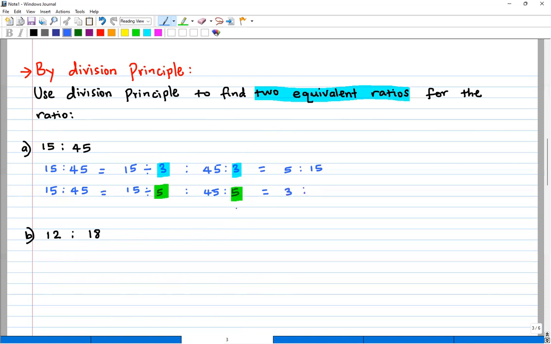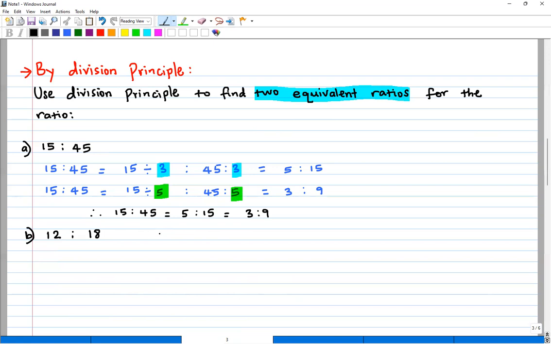And 45 divided by 5, that will be 9. You see? So we conclude and say that 15 to 45 is equal to 5 to 15 and equal to 3 to 9. So these are equivalent ratios.